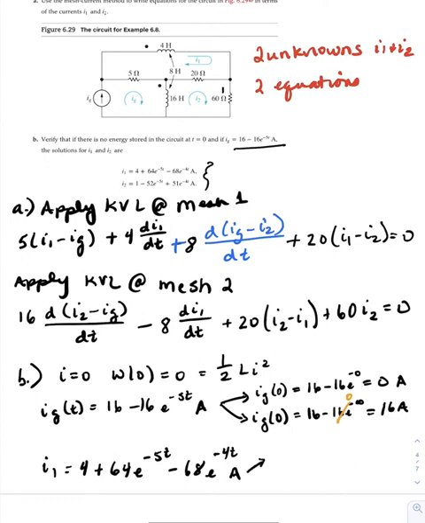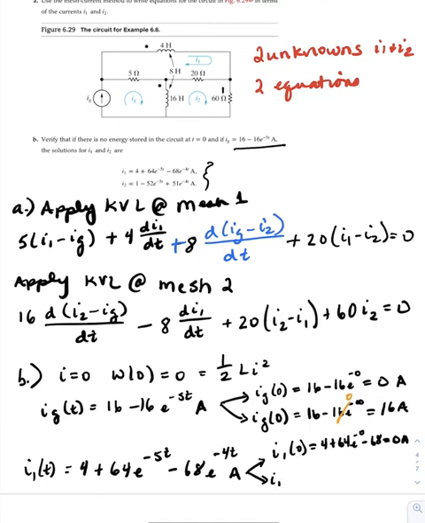So I sub 1 at 0 is 4 plus 64 e to the minus 0, which is 1, minus 68. And that would give us 0 amps.